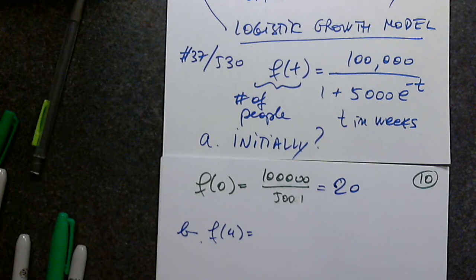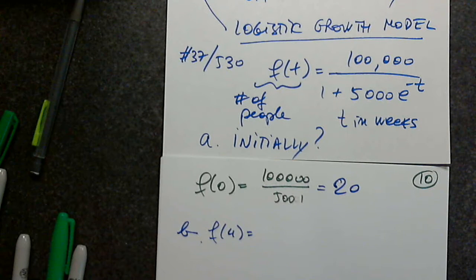So let's take a look. 100,000 divided by, don't forget parentheses, 1 plus 5,000 e raised to, in parentheses, -4, close the parenthesis, and close again the parenthesis for the denominator.